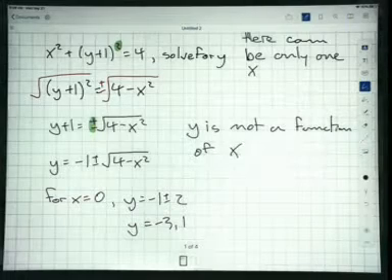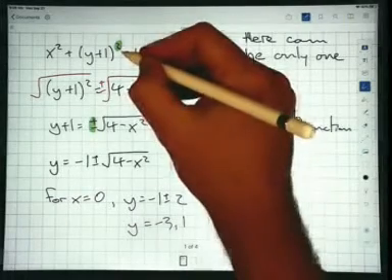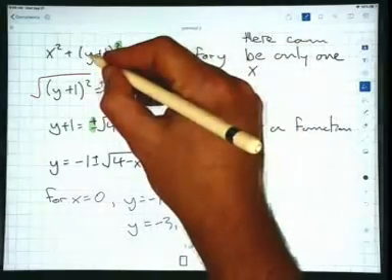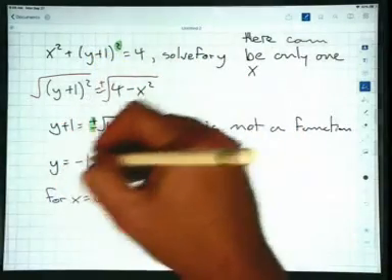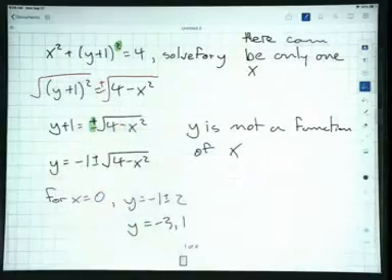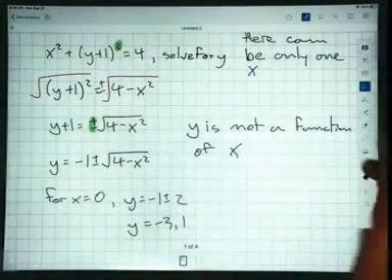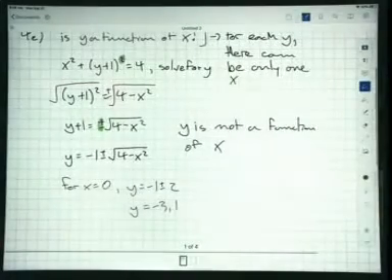So, shortcut for this problem: anytime that you see an exponent of 2 attached to a y, or anytime you see y is equal to with this plus or minus notation, you know that y is not a function of x.